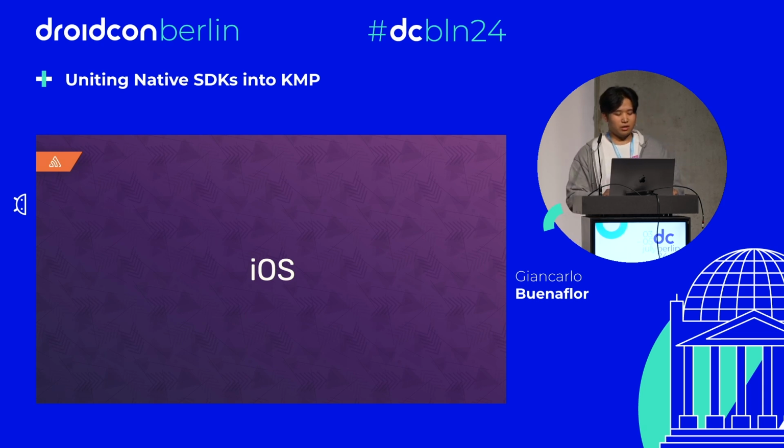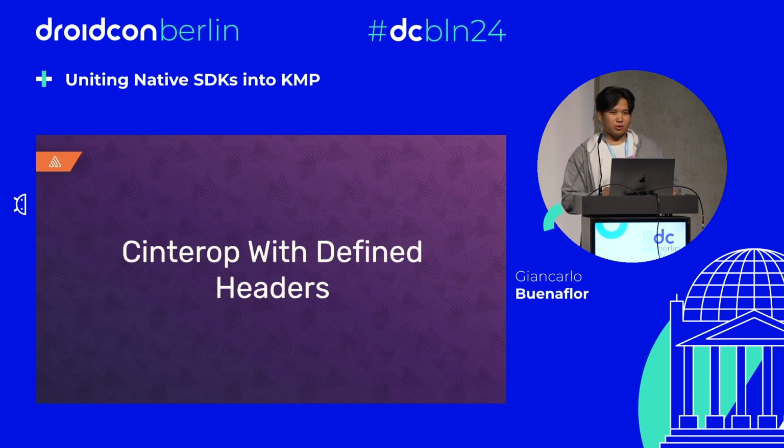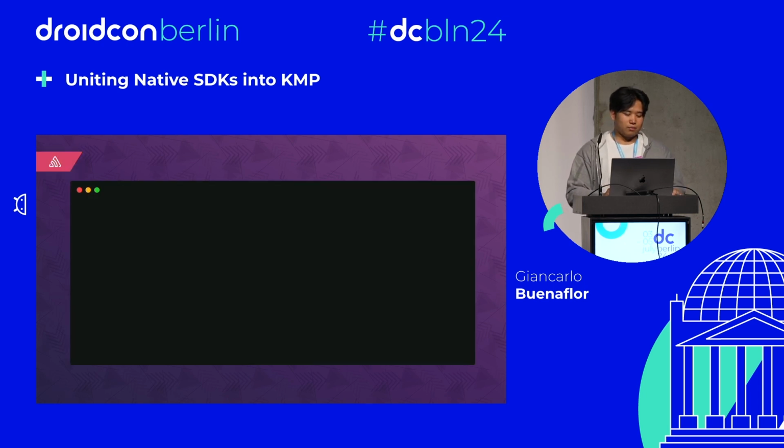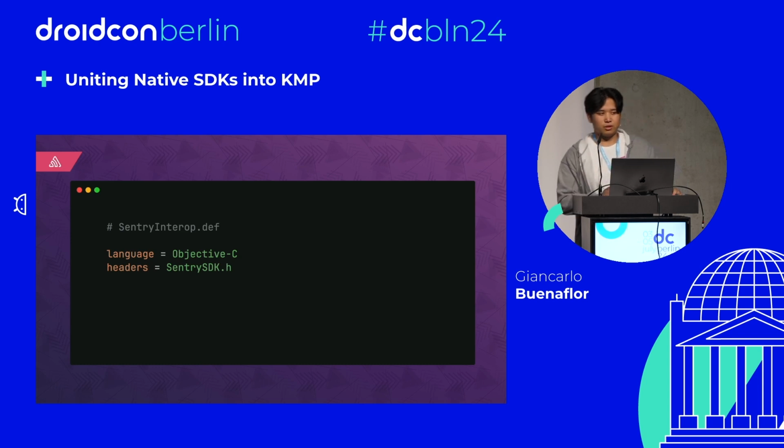We have different options here. The first is to use the cinterop tool, which allows us to create Kotlin bindings from whatever Objective-C or C headers we define. The tool expects us to have a .def file where we specify the language we want to create bindings from and the headers.